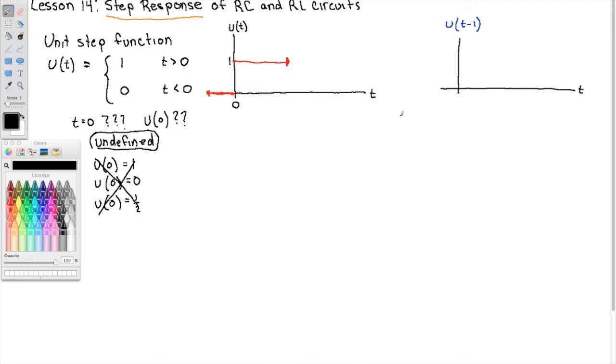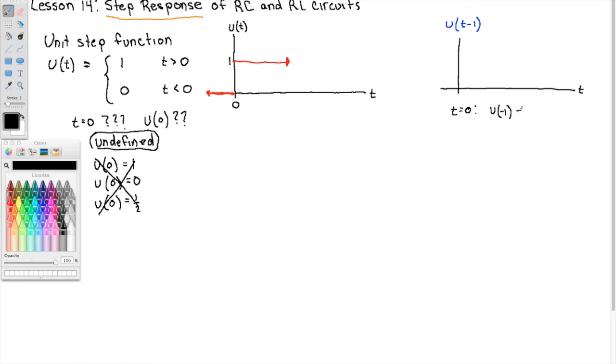All right, well, if it's not obvious to you what this looks like, you can plug in some values of time, t. For example, let's let t equal 0. At t equals 0, this function, u of t minus 1, is equal to u of minus 1.